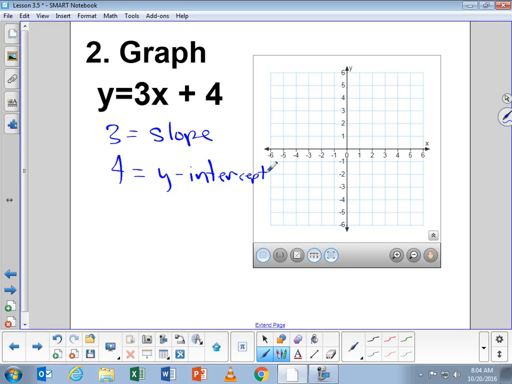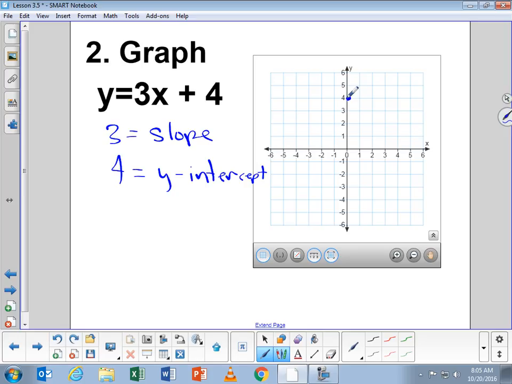That's where the point goes. Where now? On 4. On the y-axis. So what you're telling me is I need to put a point right here.